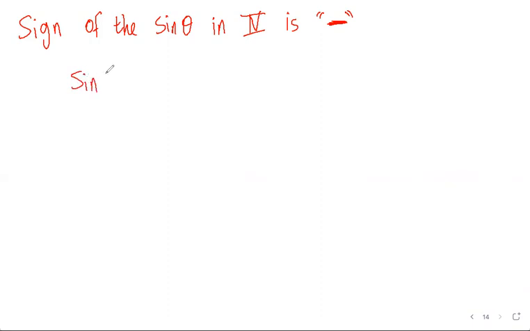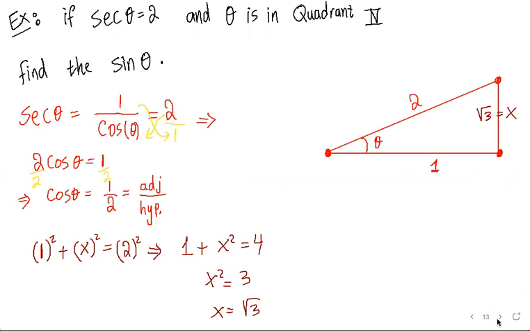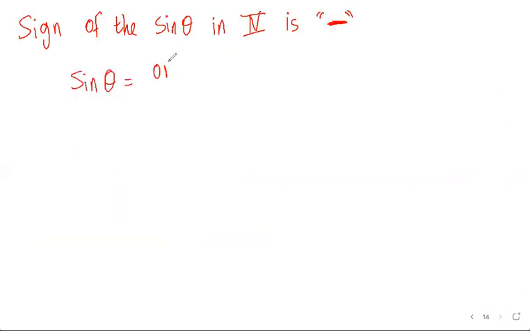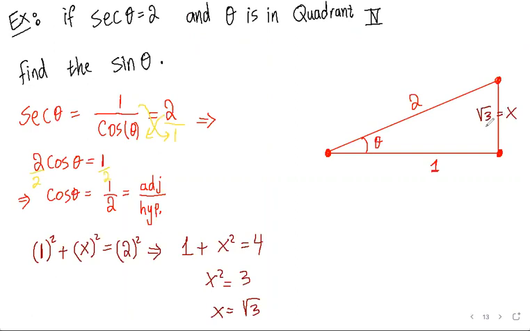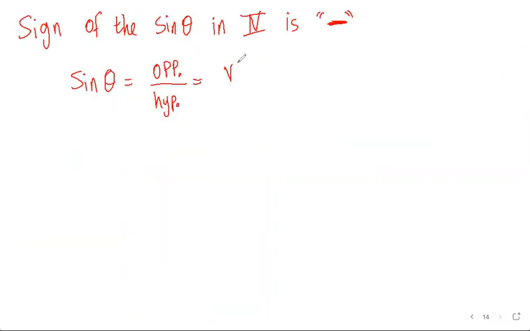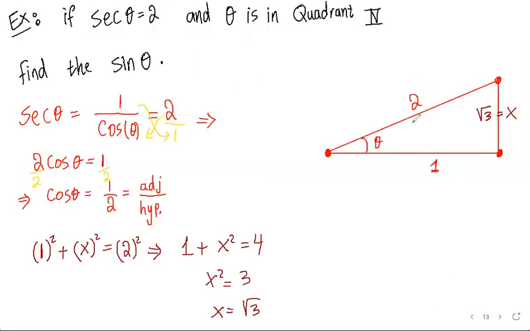Second thing, go back to the graph. So sine of theta equals opposite over hypotenuse. What is the opposite? Square root of 3 over hypotenuse, which is 2.